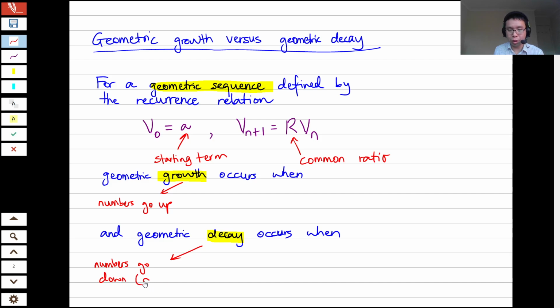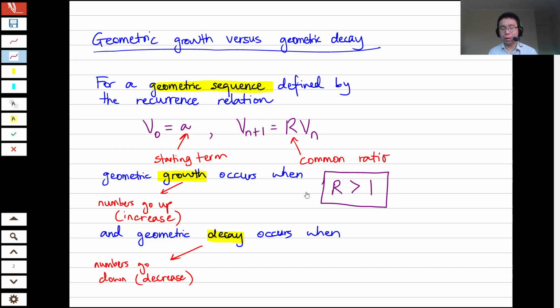A more formal term would be the words increase and decrease. So, in order for this to happen, let's start with increasing or growth. This happens when the value R is bigger than 1.